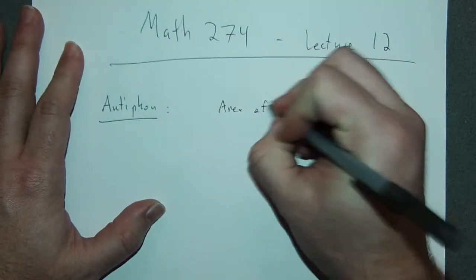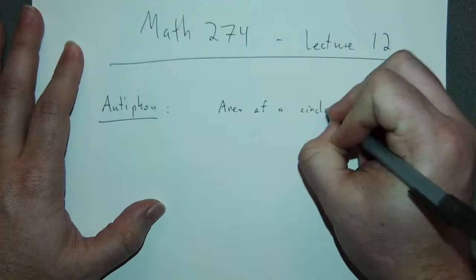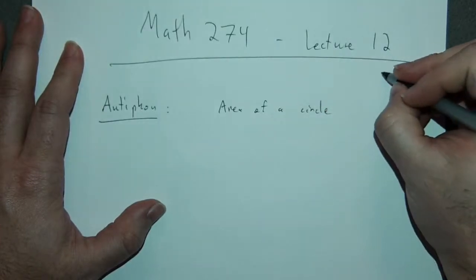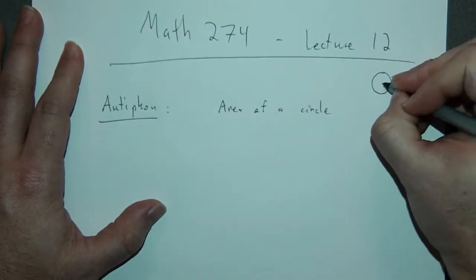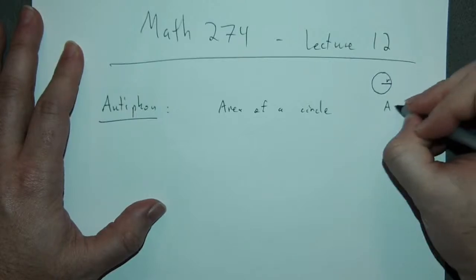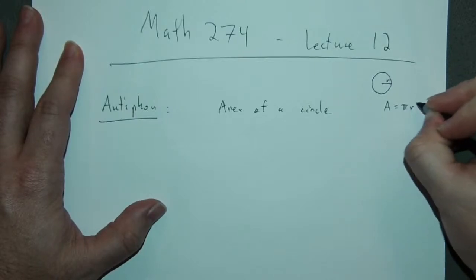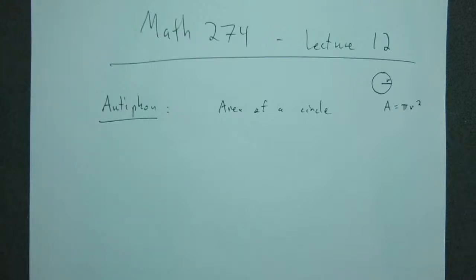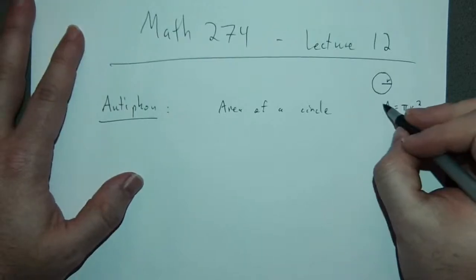Computing the area of a circle. Of course, we know that if you've got a circle of some radius, then the area is pi r squared. So we know this formula well.